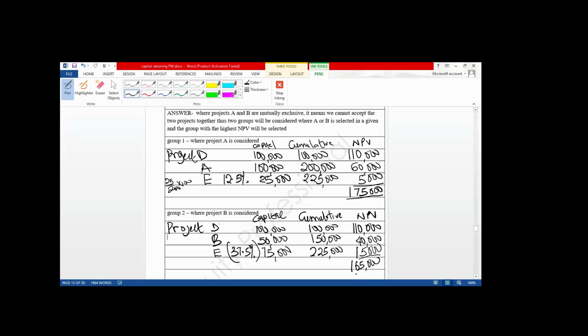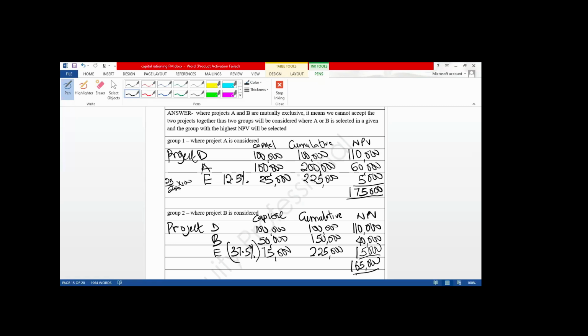Now, look at the two groups. If I do group 1, I consider project A with other projects. You are going to achieve 175,000 total NPV.